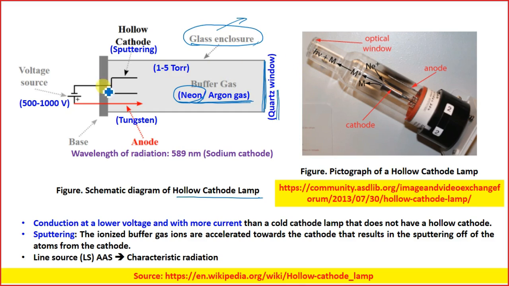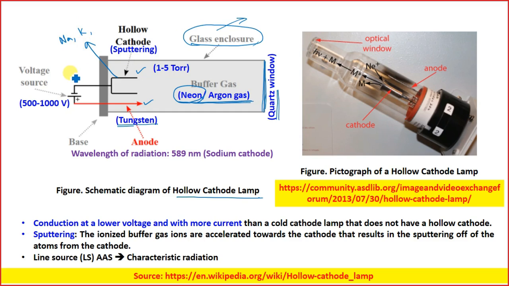Now we have two electrodes, one is the anode and one is the cathode. The anode is made up of tungsten, and the cathode is made up of different metals. When I say different metals, I mean it may be made up of sodium, it may be made up of potassium.